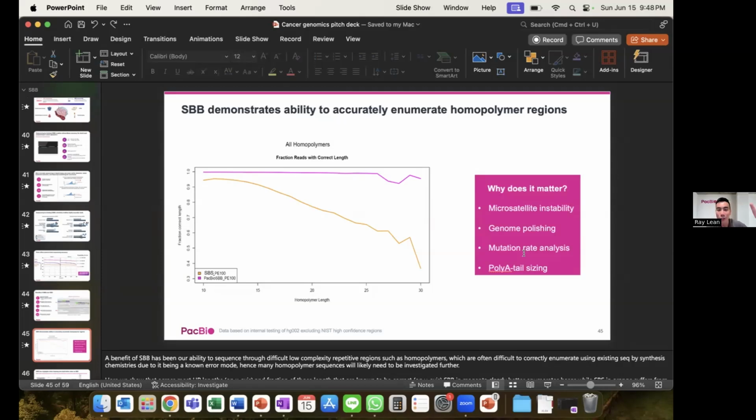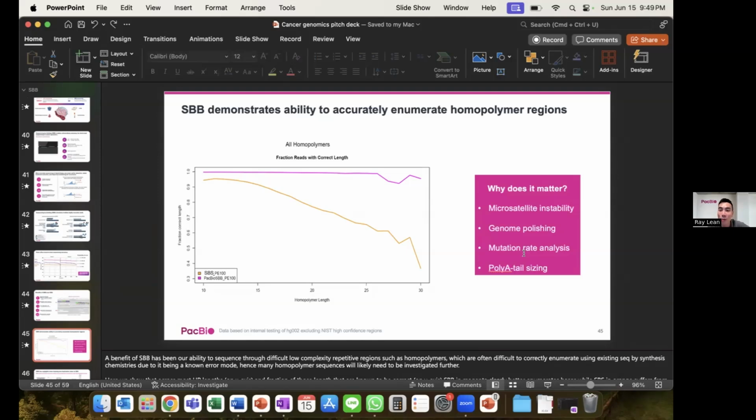But for the short read side, it means that highly accurate short read sequencing can be used for genome polishing and enable better polishing. If you're using another long read platform, you need to do polishing with SBB, because we can sequence through difficult regions like homopolymer regions.